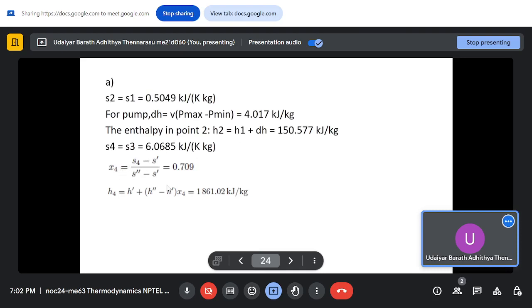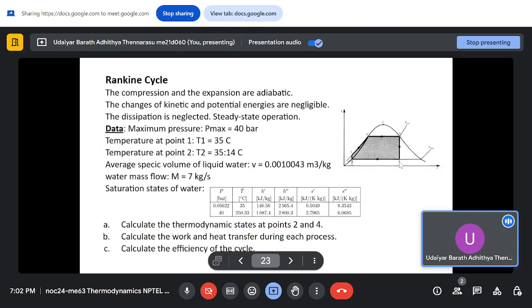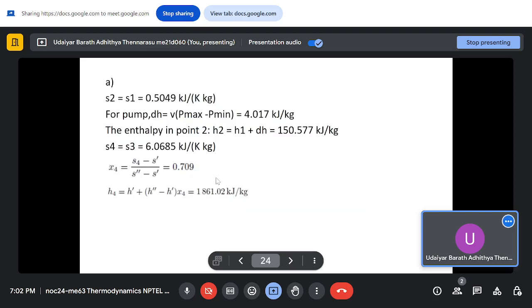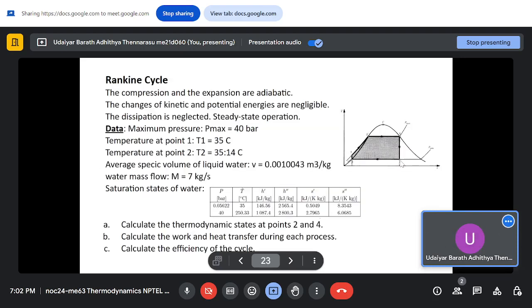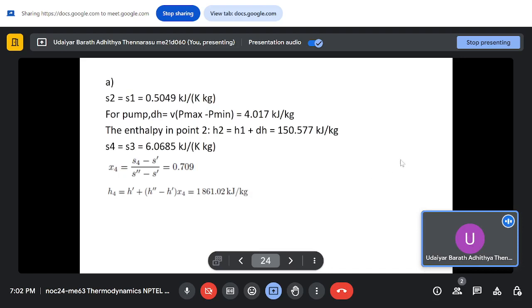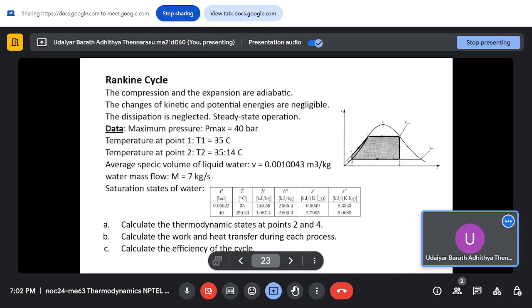From this we can find the vapor fraction at state 4. We know the saturated liquid and saturated vapor entropies and enthalpies corresponding to 0.05622 pressure. So X4 is nothing but S4 minus S dash, over S double dash minus S dash, where S dash is your liquid and S double dash is your vapor.